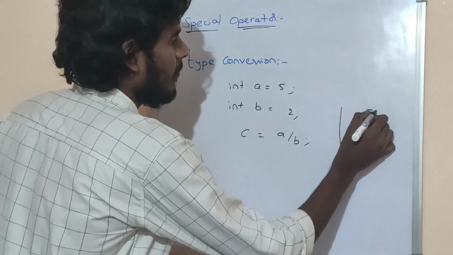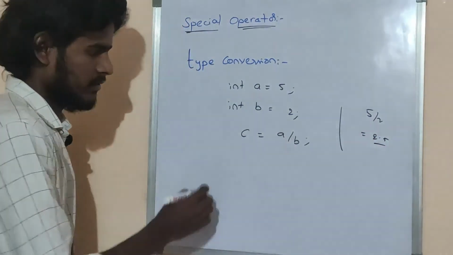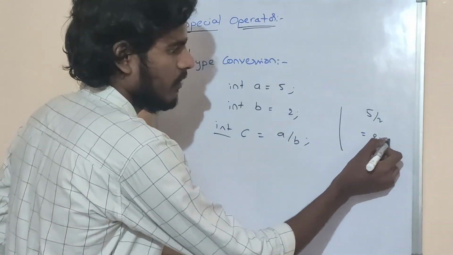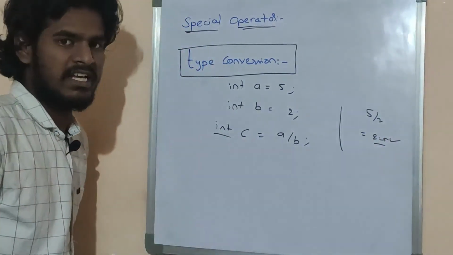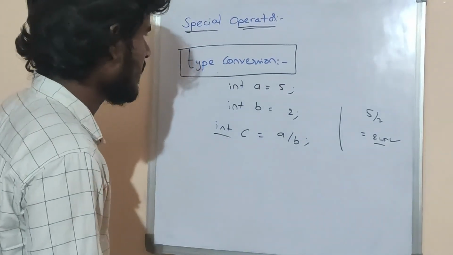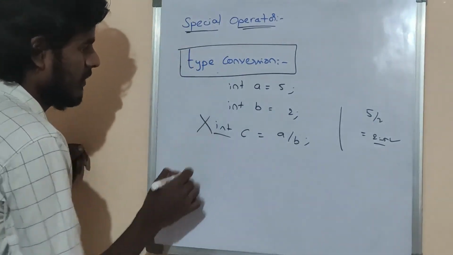Normally 5 by 2 is 2.5, but c is the int type. Is it possible? No, it is wrong. So in this case we have to use type conversion.